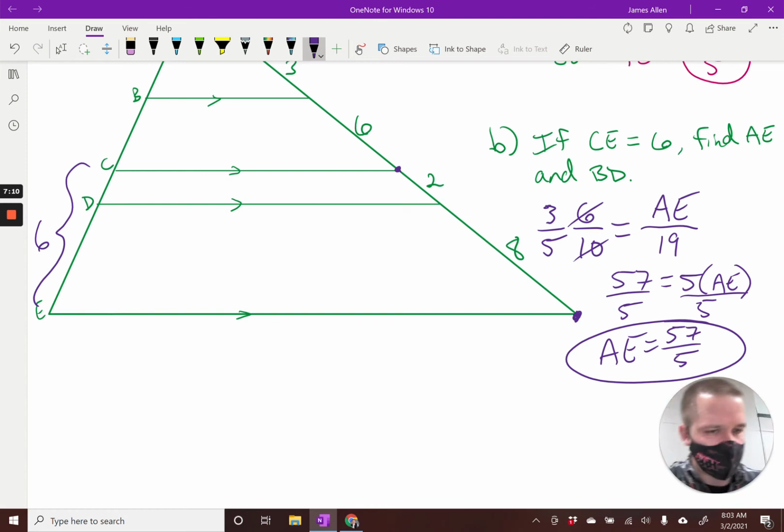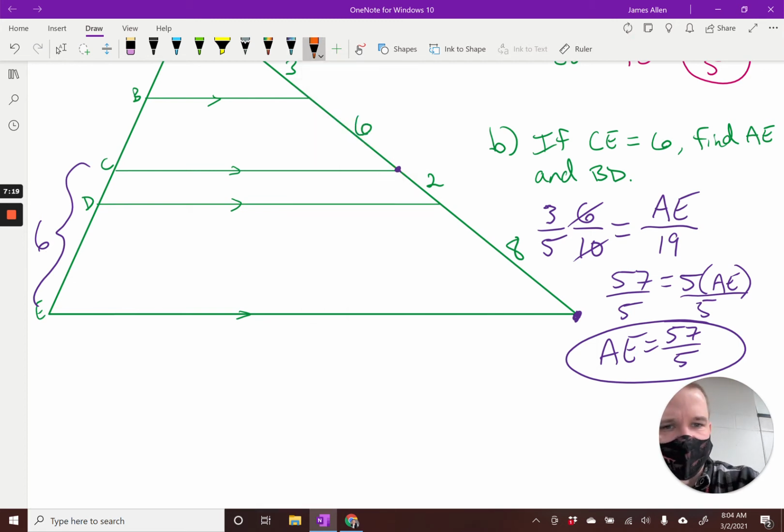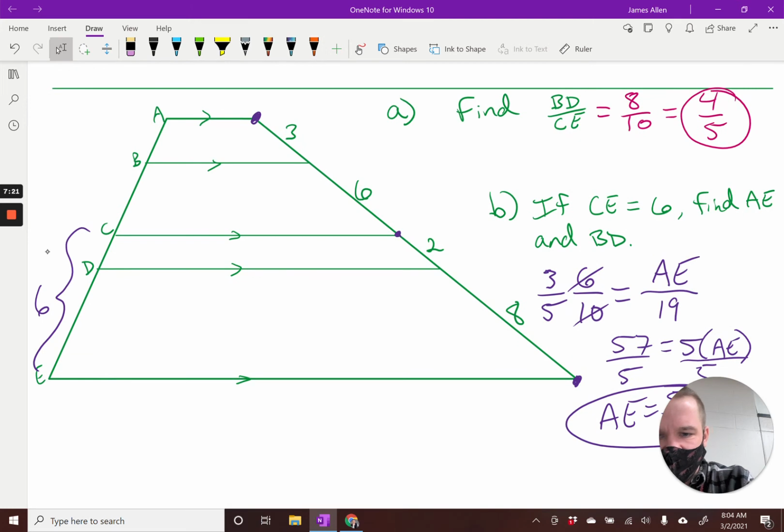Okay, let's see here. Next, we want to solve for BD. I'll change colors again. I can use the same 6 over 10, because I know that CE is 6, and across from that is 10. Now if I want BD, we're talking about this side here.